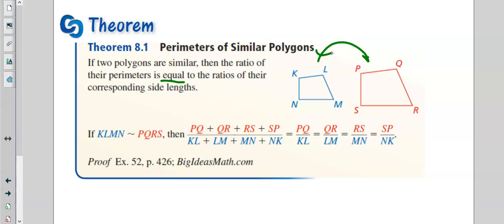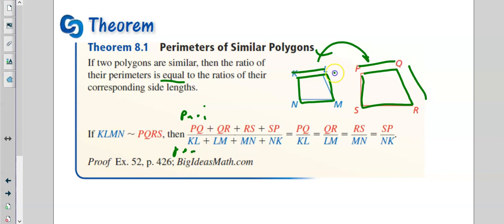Therefore, PQ plus QR plus RS plus SP, that's the perimeter of the big one, over KL plus LM plus MN plus KM, that perimeter. So the ratio of the perimeters is equal to whatever the ratio is of this side to this side, or this side to this side, and so forth.